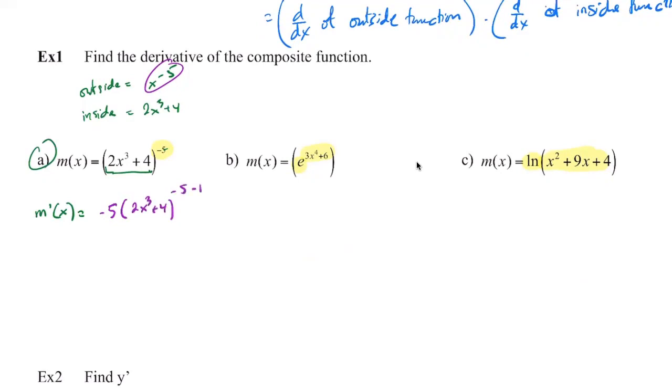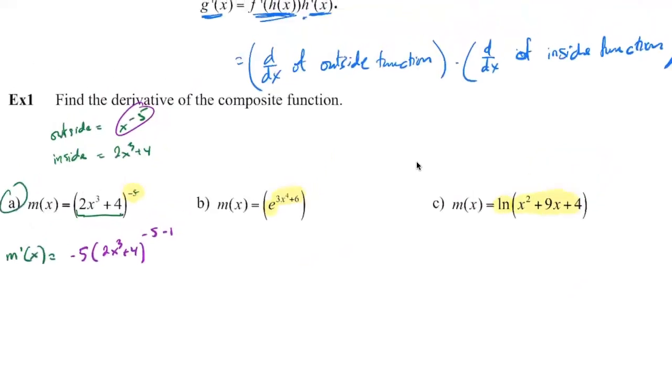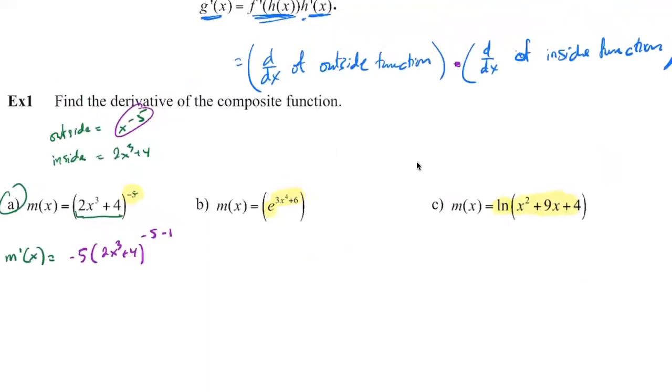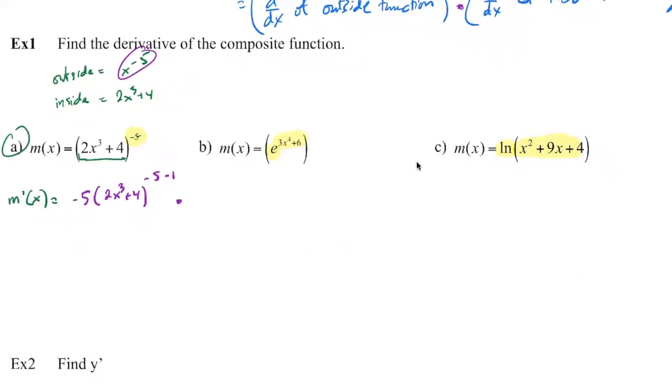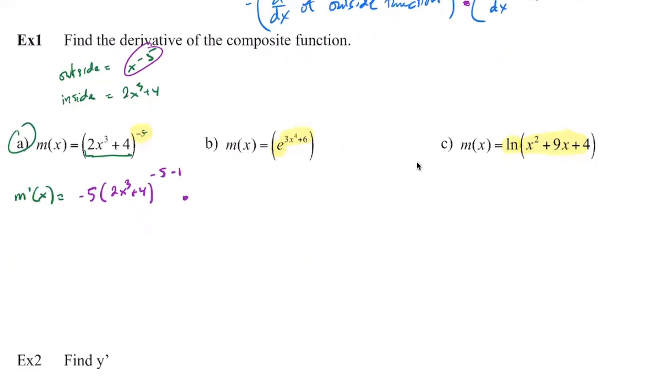Okay, so that's the derivative of the outside function. Now we're going to multiply it by the derivative of the inside function. The inside function is 2x to the third plus 4, so I'm going to write that as one extra line, d/dx of the inside function.